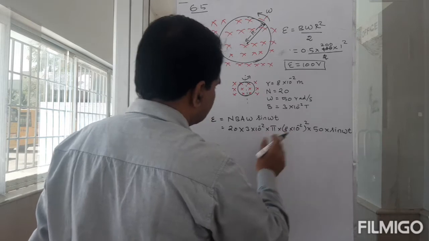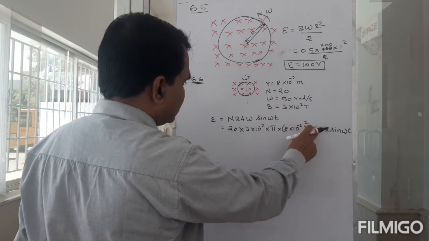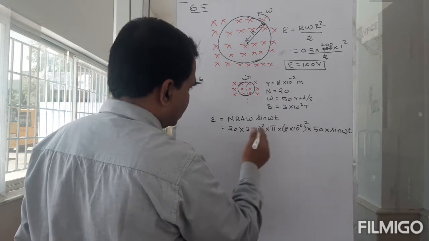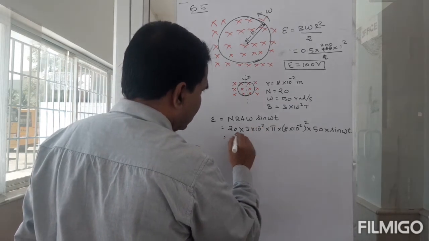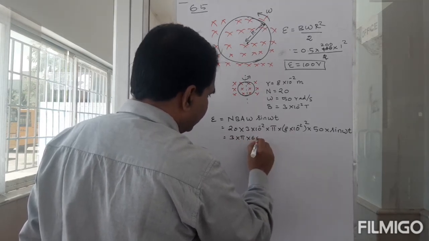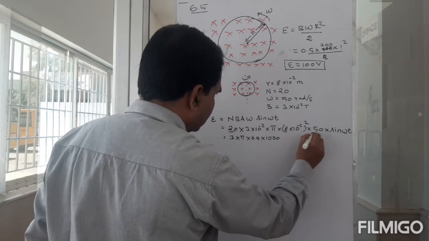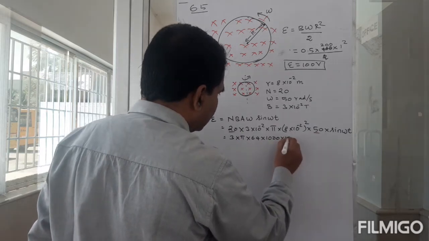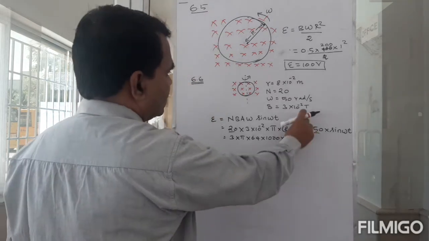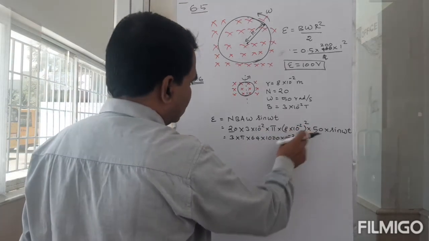So if I do this, 20 into 50 would be 1000. So this is going to be 3 into pi into 64 into 1000, into 10 power minus 2 into 10 power minus 4. 10 power minus 4 here, 10 power minus 2 here, so we are going to get 10 power minus 3 out of this, right?